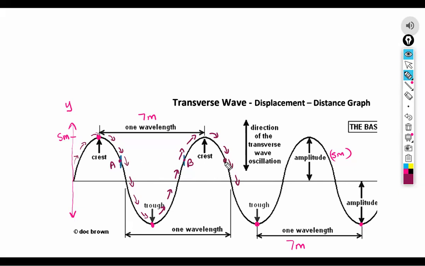Won't it be somewhere here? Over here, the energy is flowing downwards. All of them have the same height, but at C, the energy is also going downwards. So if you were to measure the distance between A and C, you would get 7 meters as well.